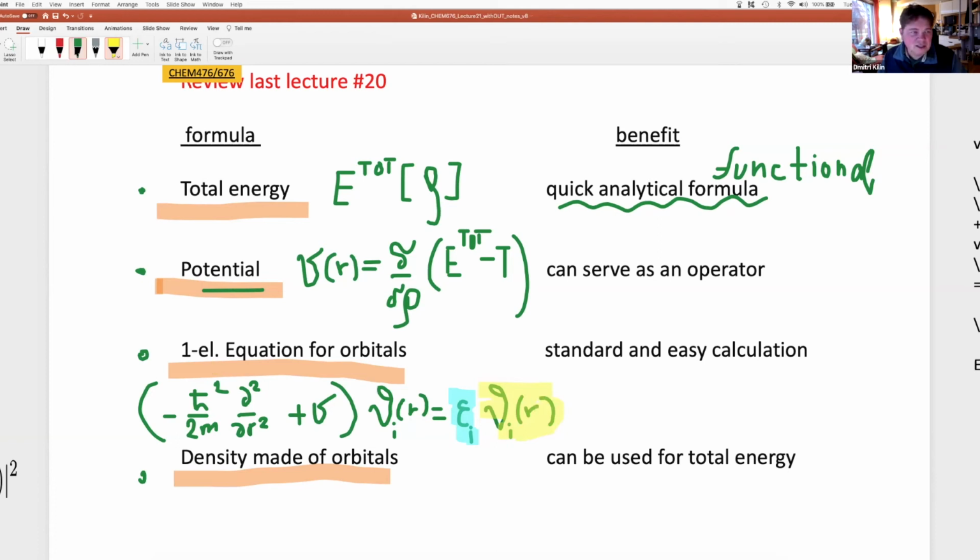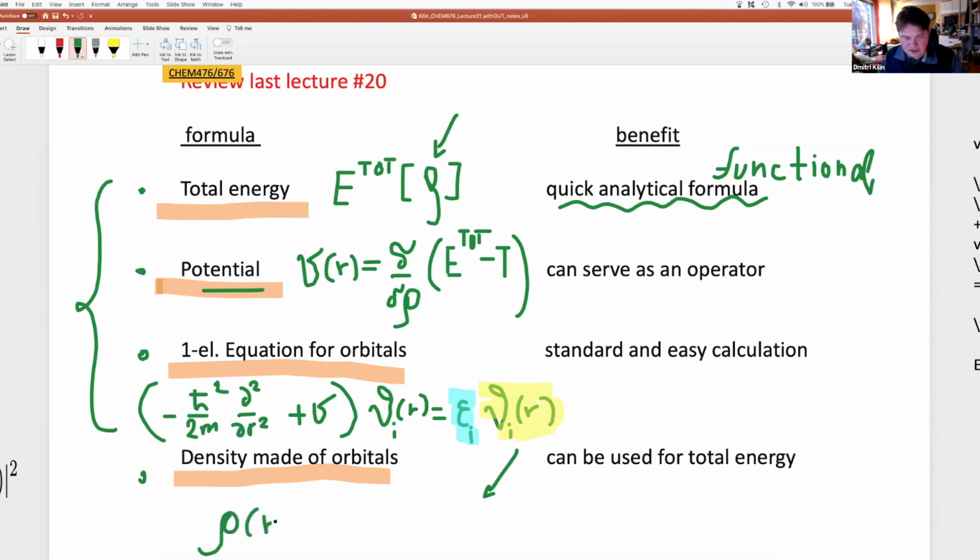And the last equation we need, to approach the glory of Walter Kohn and John Pople, who got the Nobel Prize for DFT, is to connect the previous three equations by constructing the total density out of these orbitals. And it is basically what we did in the first part of the lecture.